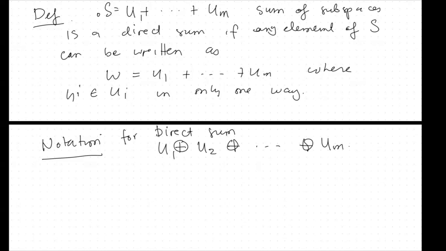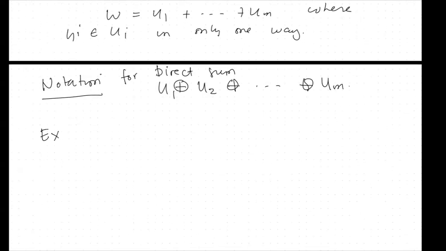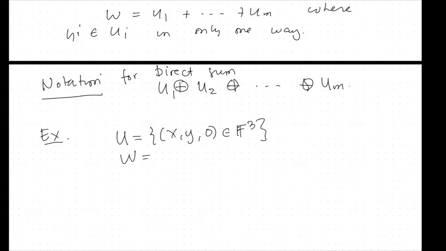Let us do an example. Example, we have U is just the set of (x, y, 0) in F^3, and of course x and y are in F. And then W is just the set of (0, 0, z), also in F^3.